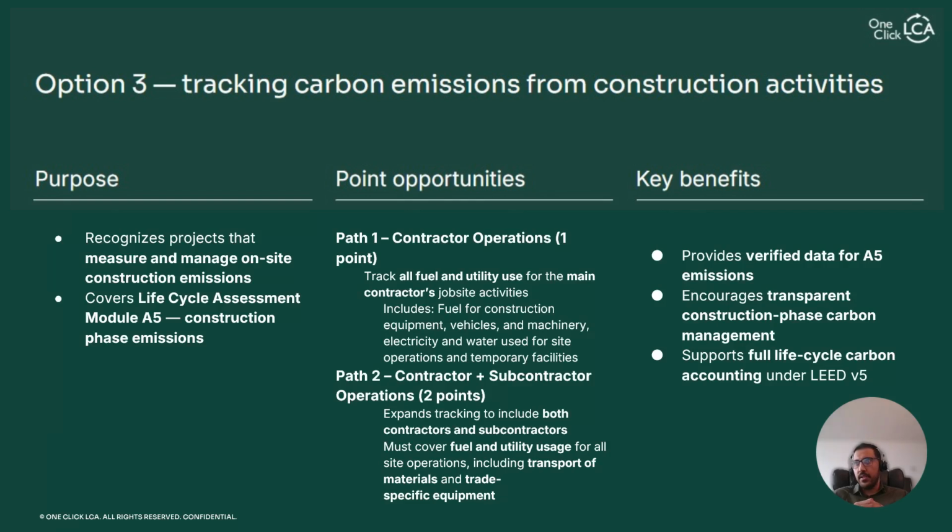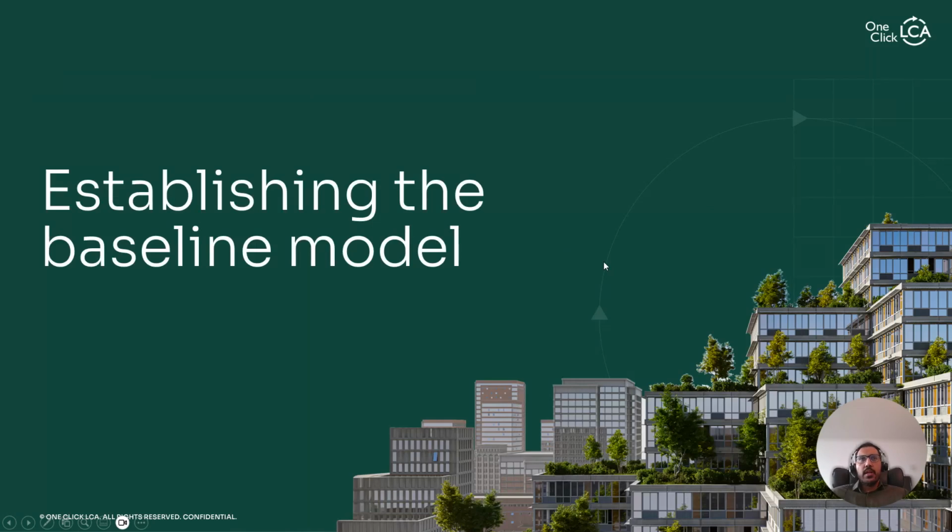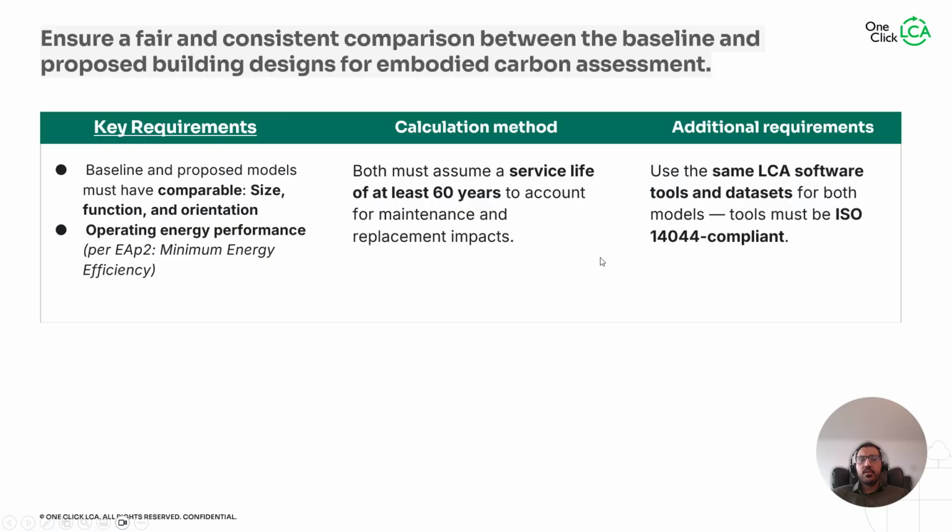We are going to see it in the live demo that easily you can enter your values and it's going to be calculated. So this is going to be probably the last one before the live demo, how you need to define your baseline for the first option, which is the life cycle assessment. The baseline should be comparable in terms of the size, function, and orientation. All the things should be kept the same.